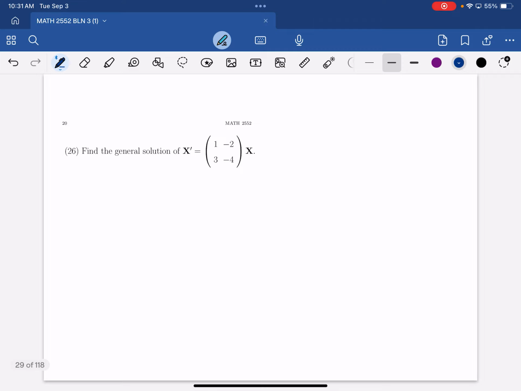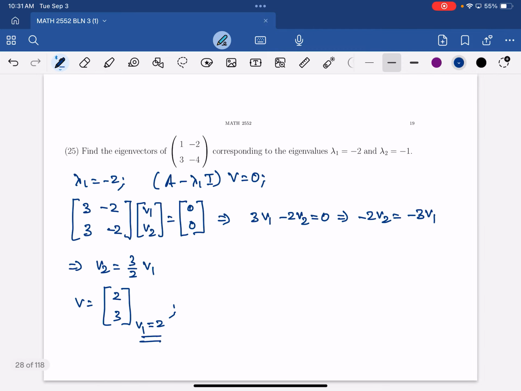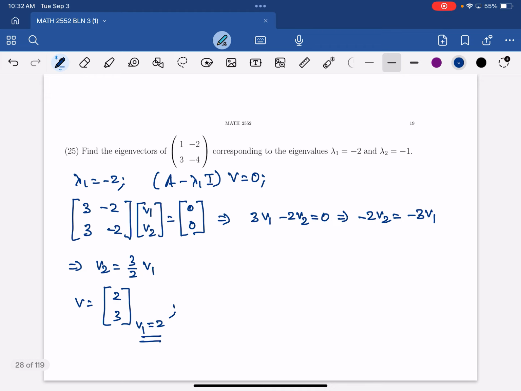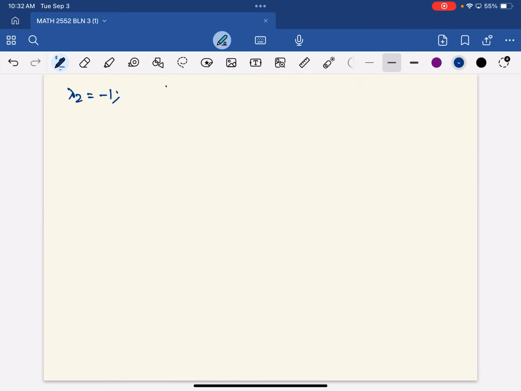Okay? Clear? So the next thing is, obviously, I'm going to find my eigenvector corresponding to lambda 2 equals negative 1. I hope I'm right on that. So substituting, A minus lambda 2 times I times w equals 0. That means 1 plus 1, 2, negative 2, 3, negative 3 times w1, w2 is going to be 0, 0.